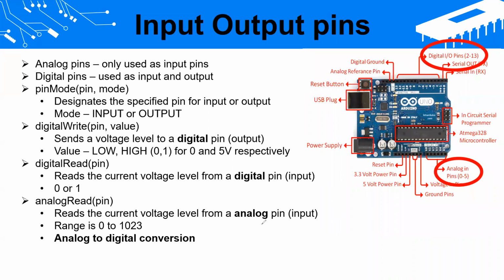So we should translate that analog reading into a digital one. For that we use ADC, analog to digital conversion. In our Arduino, for every one of these analog pins we have ADCs.